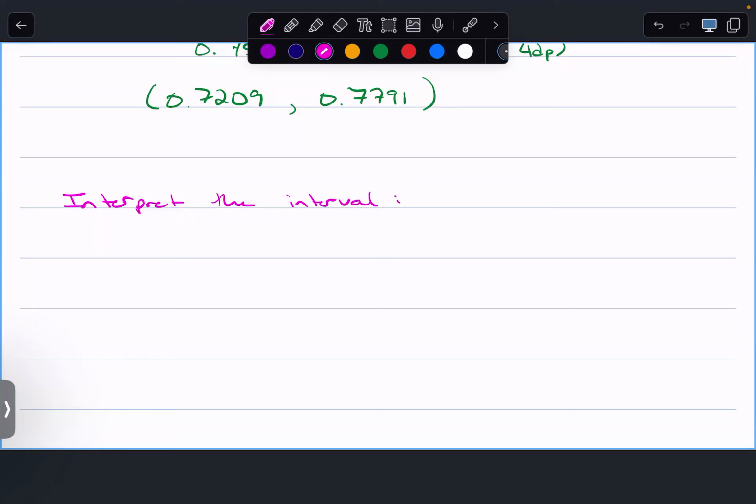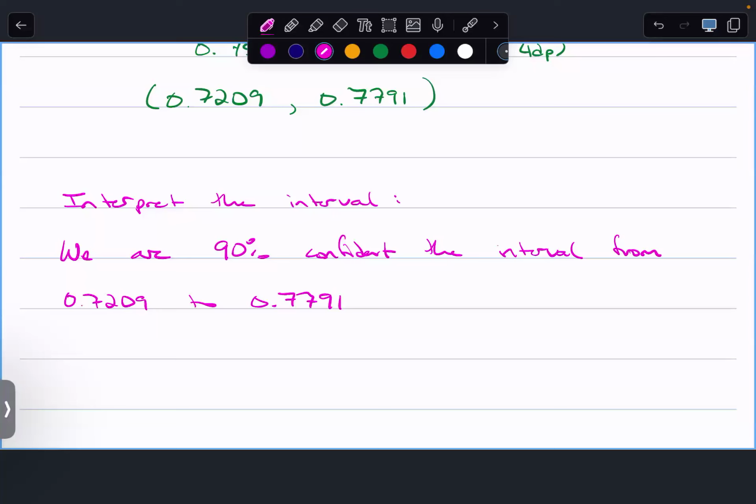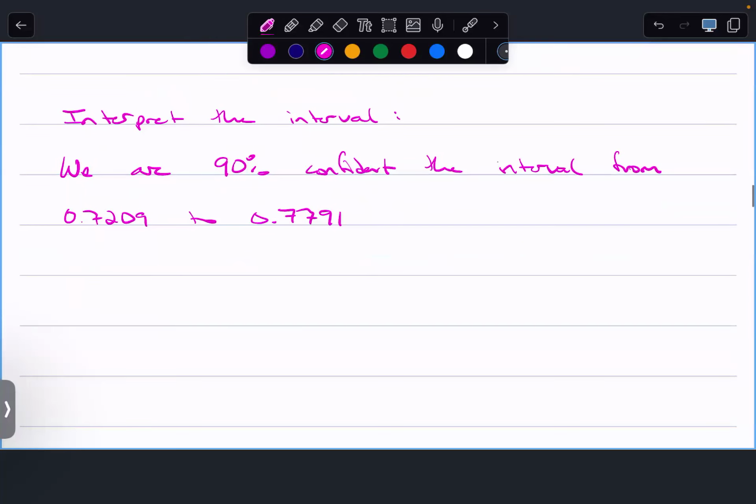Okay. We made a 90% confidence interval. So we are 90% confident the interval from 0.7209 to 0.7791 captures, right? That's an important word.